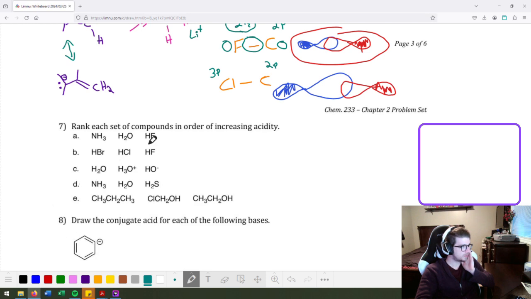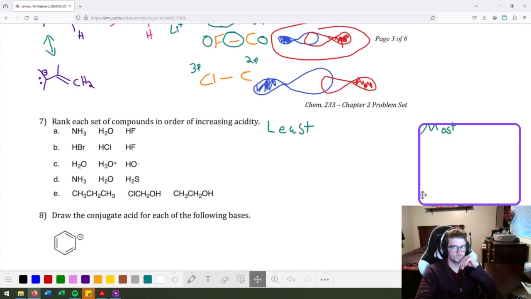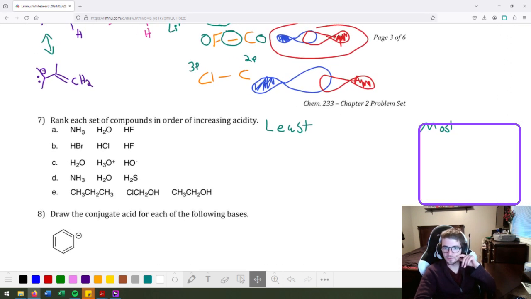All right. So, rank each set of compounds in order of increasing acidity. I think maybe I'm just going to take that little text box out.